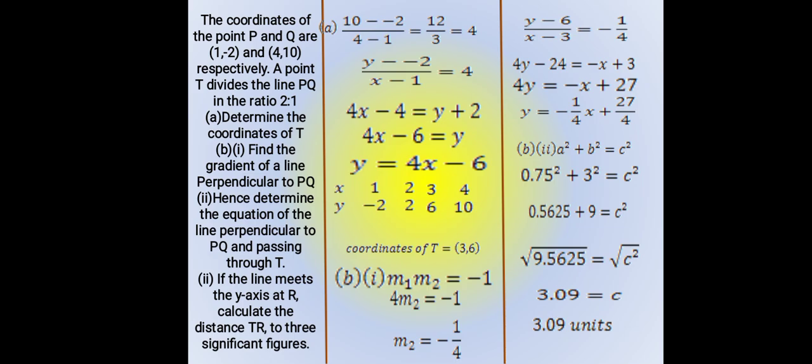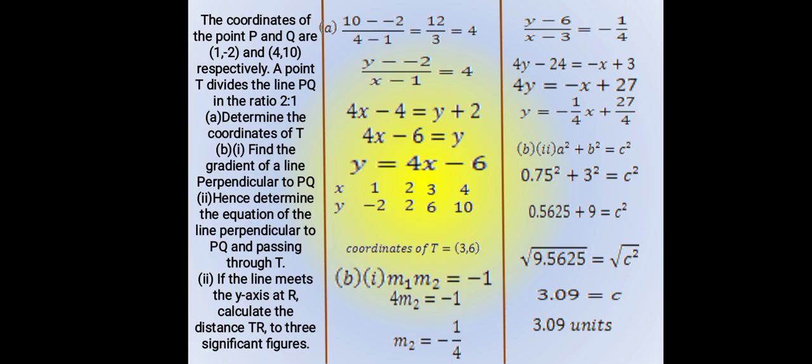Now, using our line, can we find the y? Substitute the value of x in that line, so that when x is 1, the value of y is negative 2. That's the point we have been given. When x is 2, substituting in y is equal to 4x minus 6, we get y is 2.